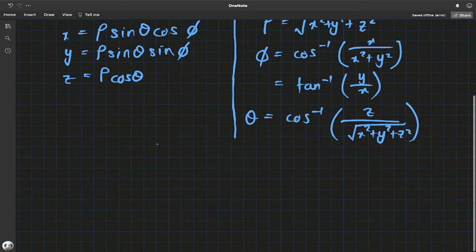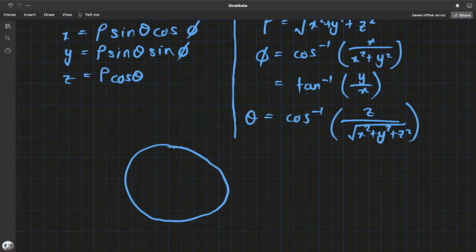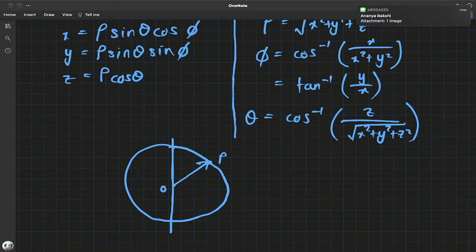Let me define what these guys really are. Assuming you have a sphere, because this is a spherical coordinate system, the best way to visualize what these are is to assume you have some point here, say P, and define this position vector.